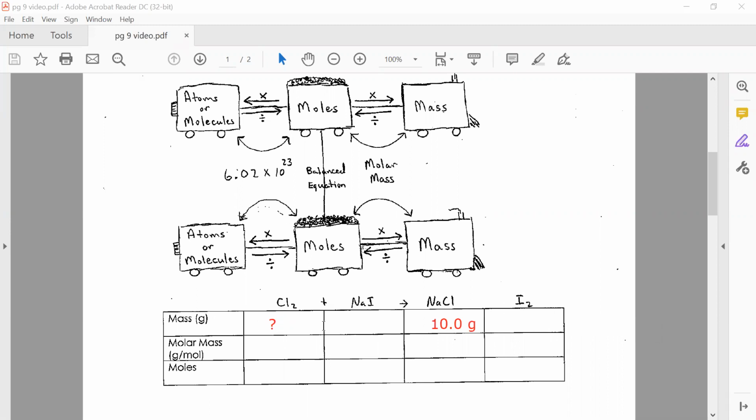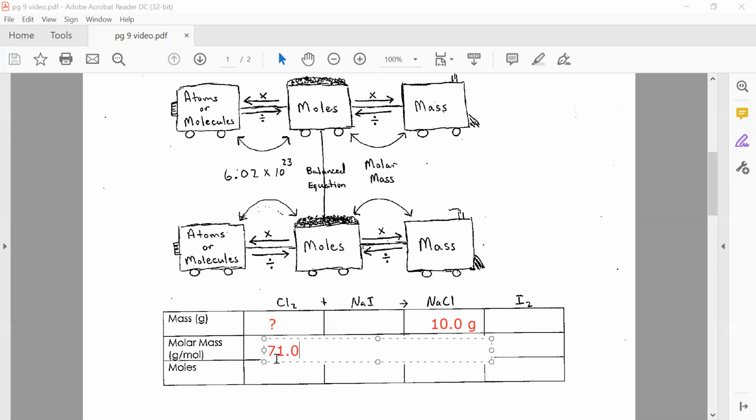Okay, next thing is, do we have to do this column or this column? No, we're only going to concern ourselves with these columns. I could go back to the top and I can find my molar masses because we solved for them up here. So do a quick scroll, and what do we find? So I'm just going to type in, we know this is 71.0.